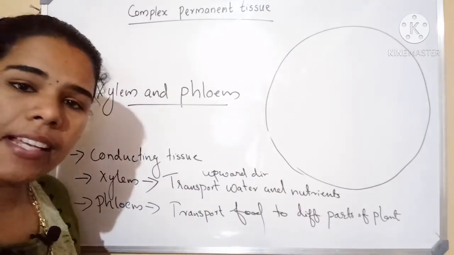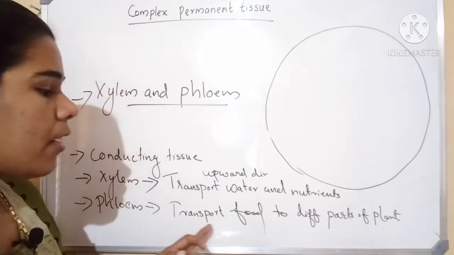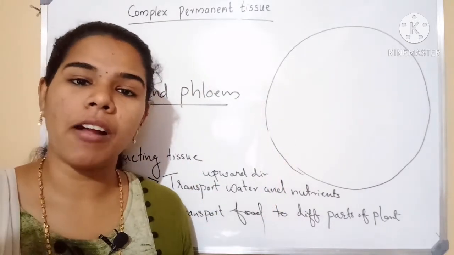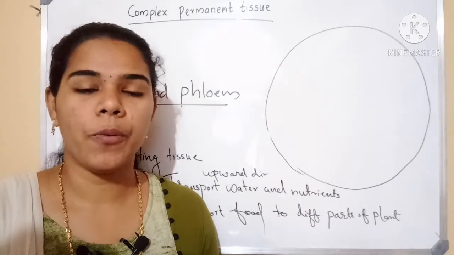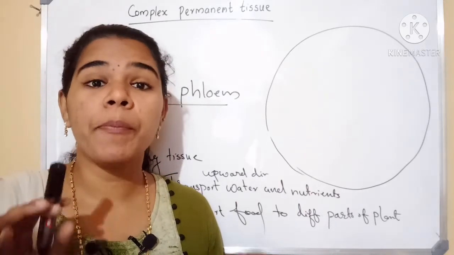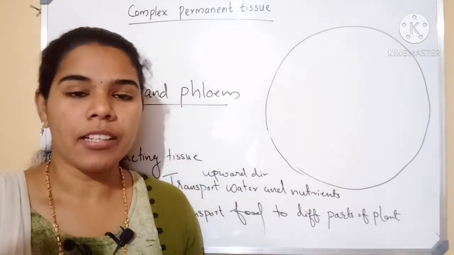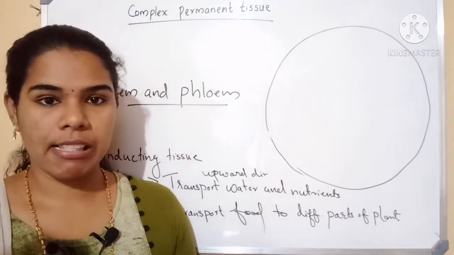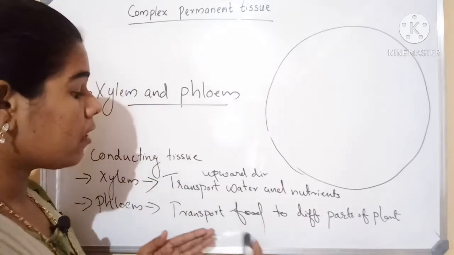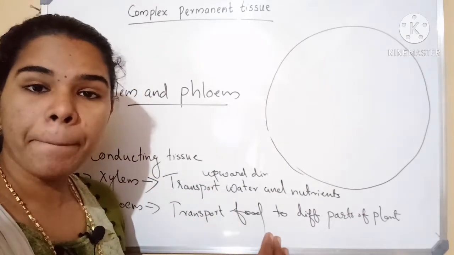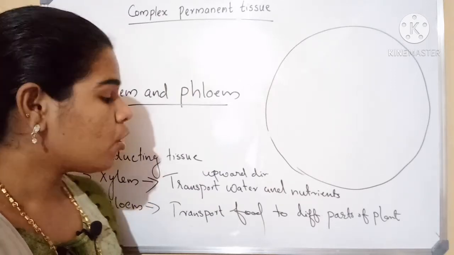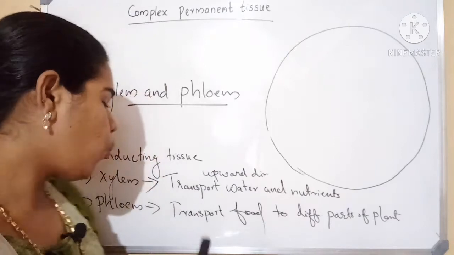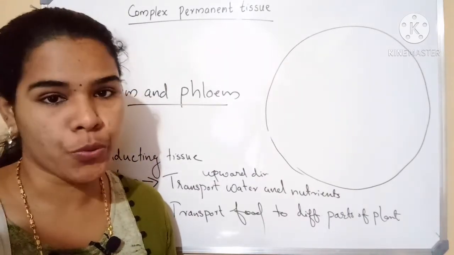But in the case of phloem, it transports food from the leaves to the different parts of the plant body. We know the food is prepared in the leaves by the process called photosynthesis. This food is transported from the leaf to different parts of the body with the help of phloem tissues.